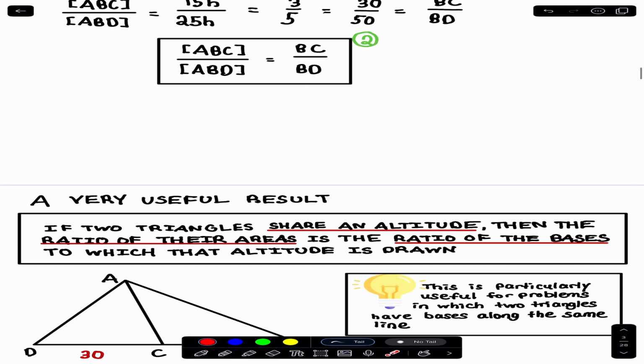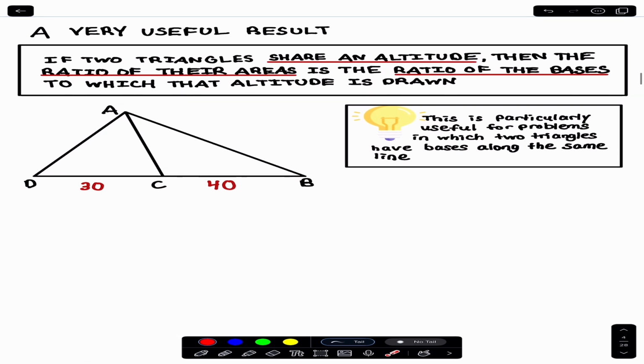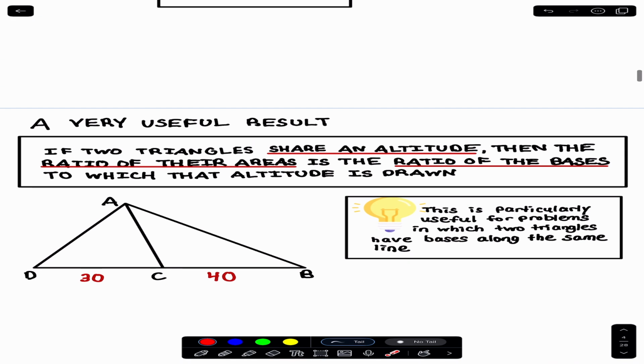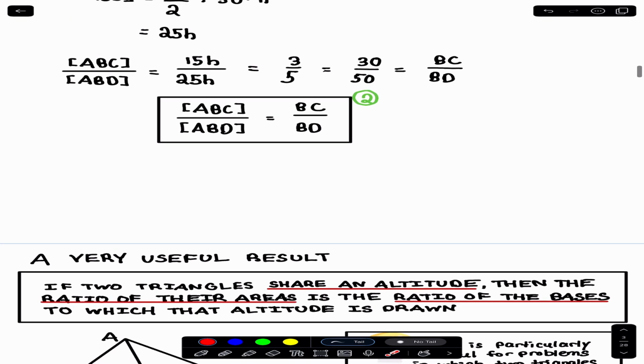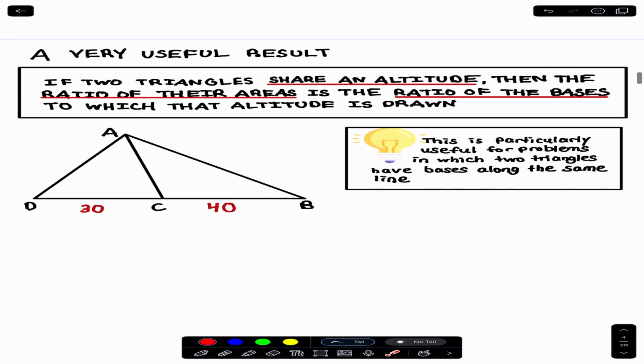This is our very useful result. It says if two triangles share an altitude, then the ratio of their areas is the ratio of the bases to which that altitude is drawn. You can verify this in the previous examples that we did, but I have another example right over here.